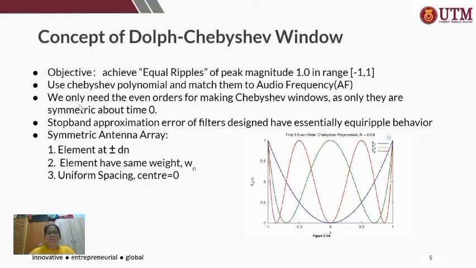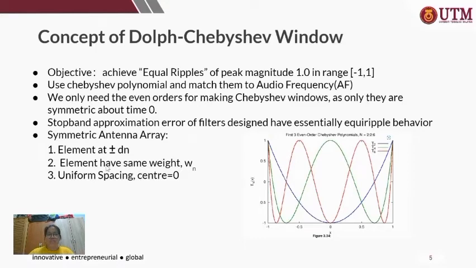So we use the Chebyshev polynomial and match it to audio frequency, which is called AF. We only need the even order for the Chebyshev window, as only they are symmetric about time zero. So stopband approximation errors of filter design have essentially equal ripple behavior for the symmetric antenna array.